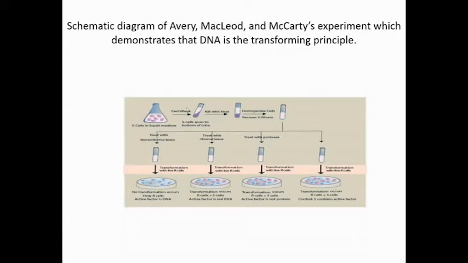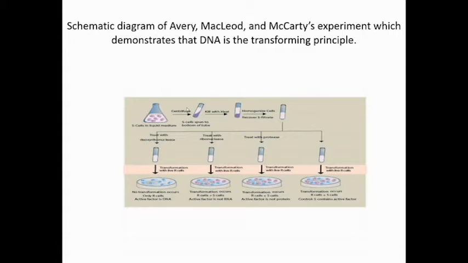So, for example, if they want to determine whether the protein is a genetic material, then they collect the S cell, and then they treat it with protease. That means the protease will degrade all the protein, and then they inject into the mice.